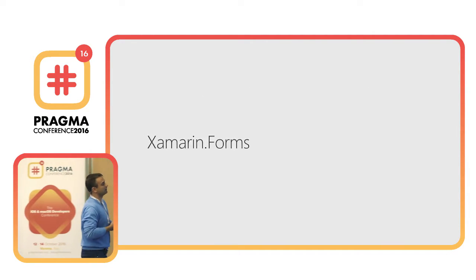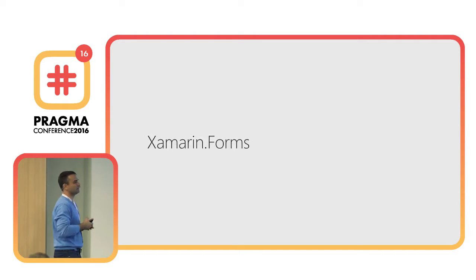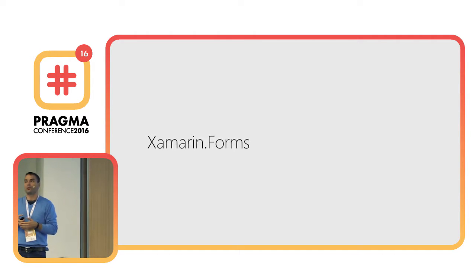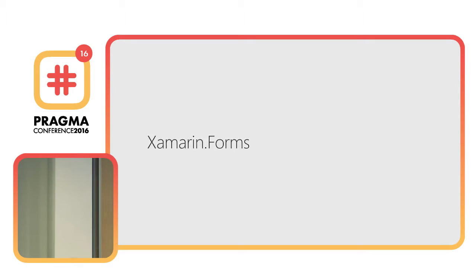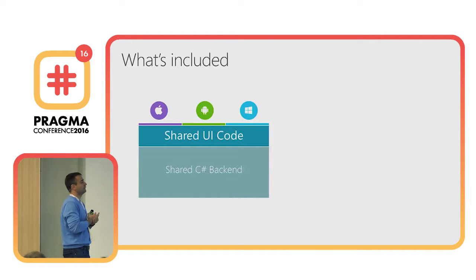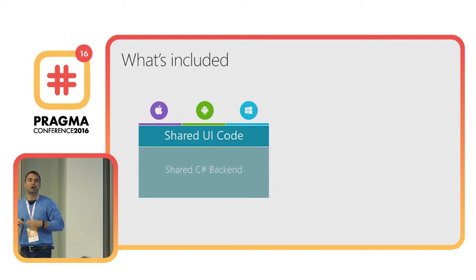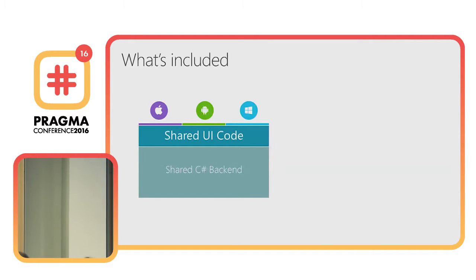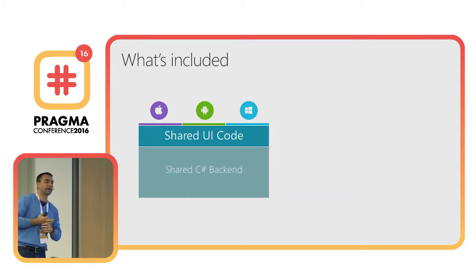Now, let's talk about Xamarin Forms. Xamarin Forms is really important because it enables you to write your user interface once and deploy a native UI on each platform. So you can easily use it for prototyping, when you need to prototype an application.